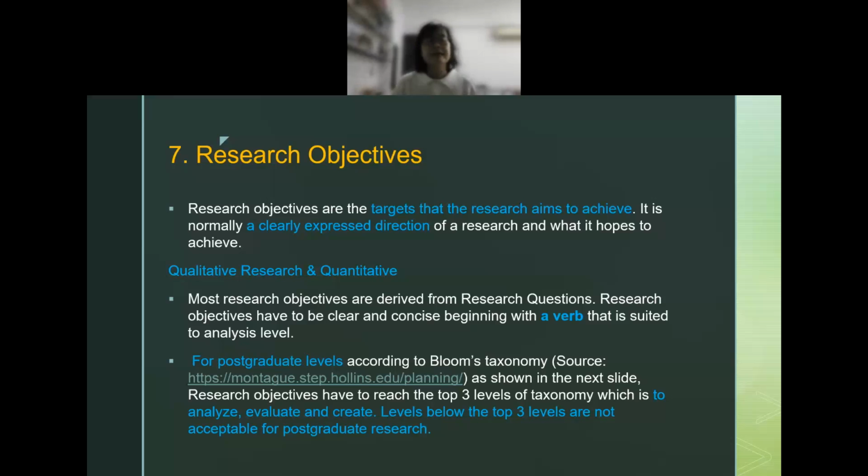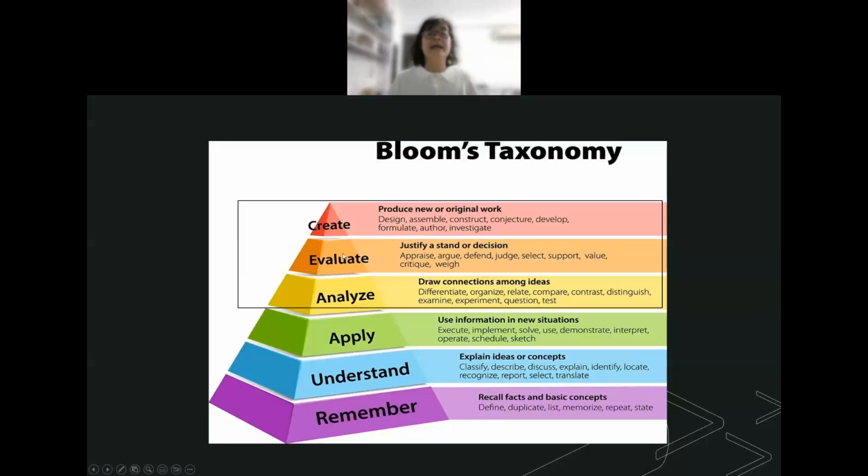For postgraduate level, you have to follow Bloom's taxonomy, which is an education benchmark, and it will be shown on the next slide, where all your research objectives must reach the top 3 levels, which is to create, evaluate, and analyze.